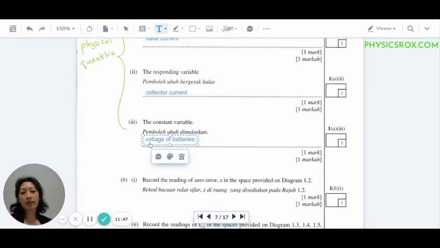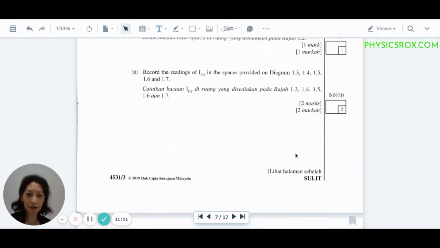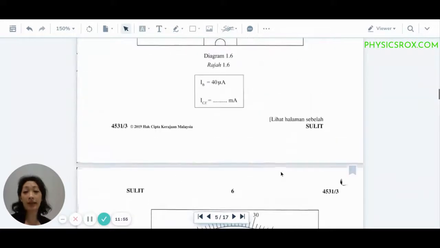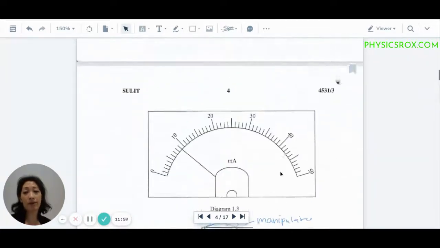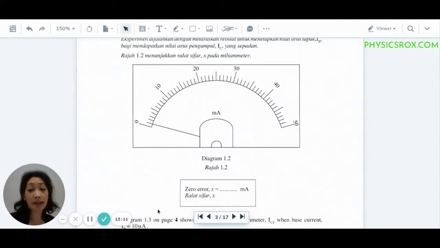Now, with regards to the recording, the reading, and all that, I'm not going to focus on the numbers here, but I will focus on how to present the numbers. Let's go back to the zero error here on this page. Now, let's take a look at this milliammeter and see what the value could be.